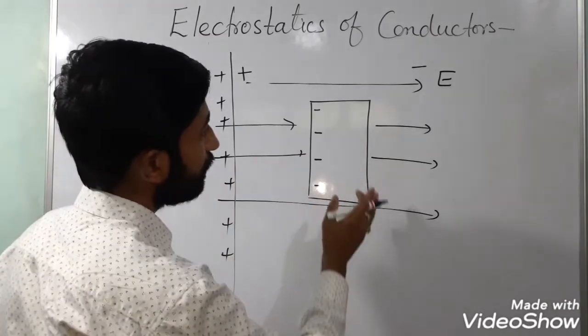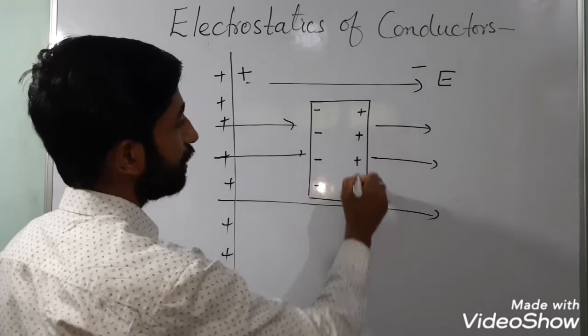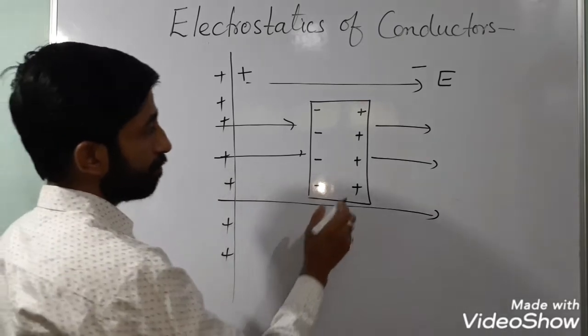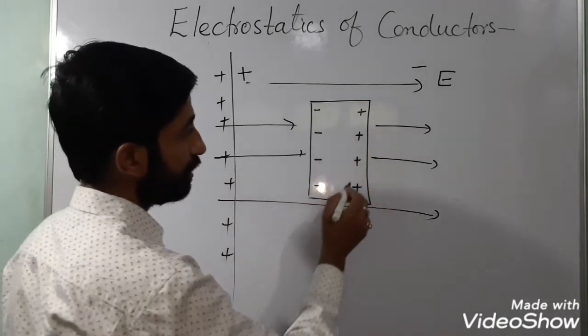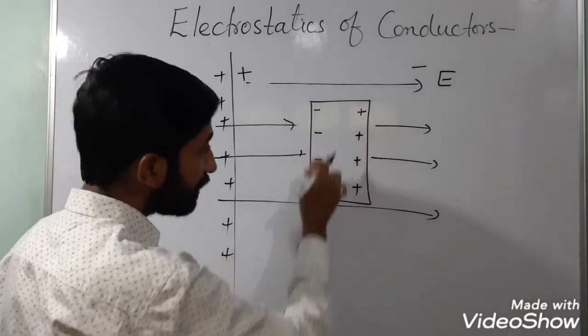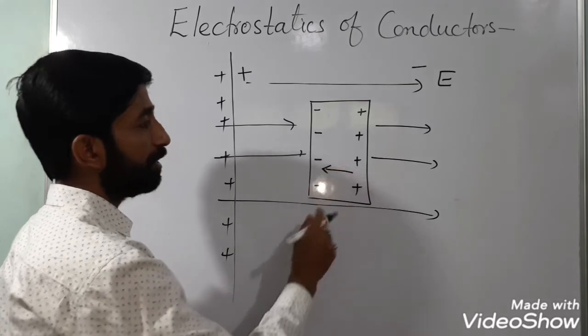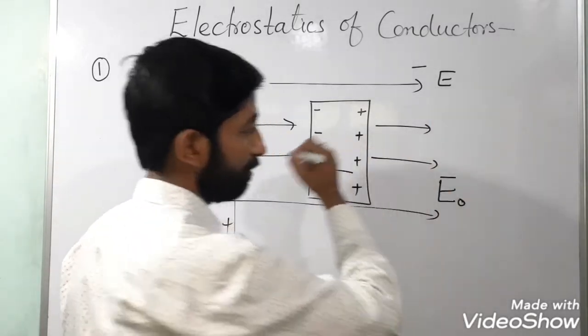and simultaneously the same amount of positive charge starts accumulating on the other side, so that the charge combination produces an electric field inside the conductor, but in the opposite direction of E outer.